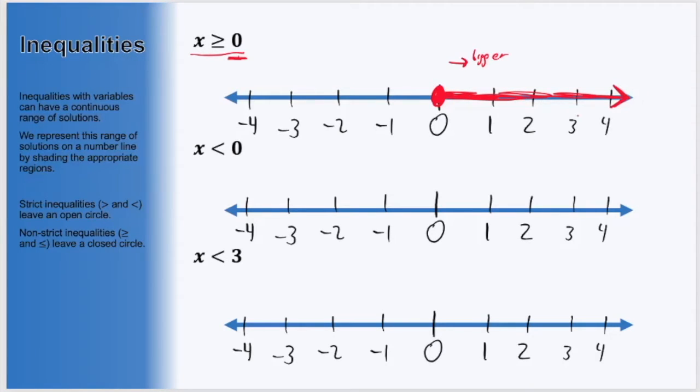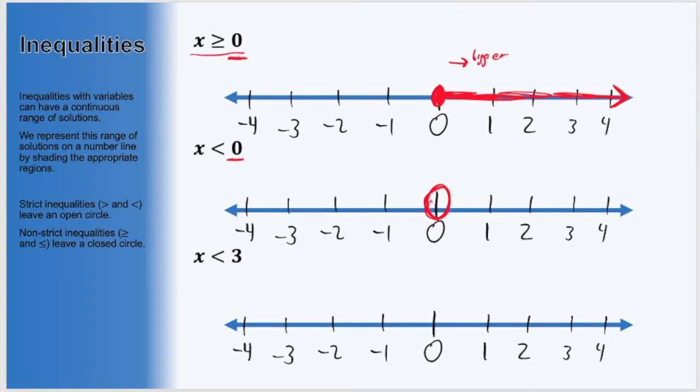Now let's say we wanted all numbers less than 0. Again, we'll look at the number here in our inequality, which is 0. However, this time, we don't have the equal to line under our symbol, which means x cannot be 0. In those cases, instead of a filled-in circle, we leave an open circle at that value.